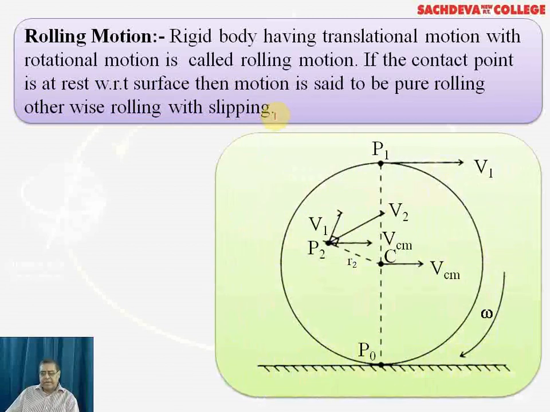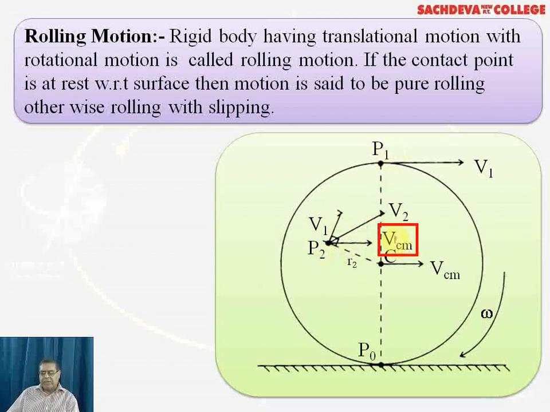Now this is indicated in the diagram, and omega is indicating the angular speed, and when the particle is at P1, its velocity is indicated by drawing a tangent at that point, and that is V1. Same is the interpretation for V2, the particle P2, and the position vector is taken as R2 for the particle P2. So position vector for particle P1 we can take as R1.